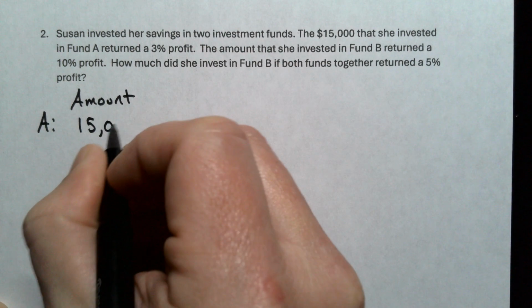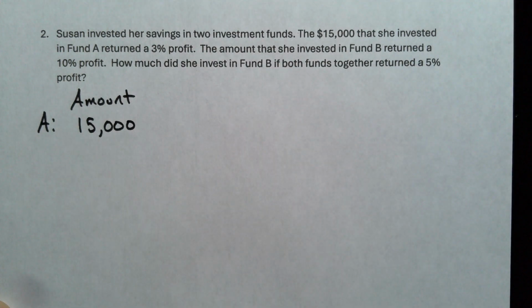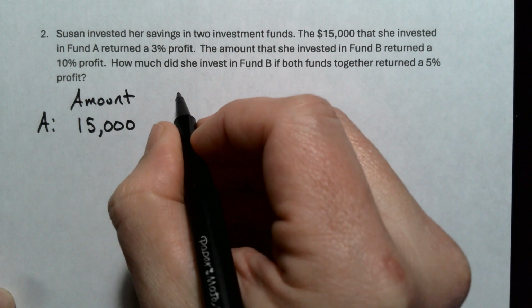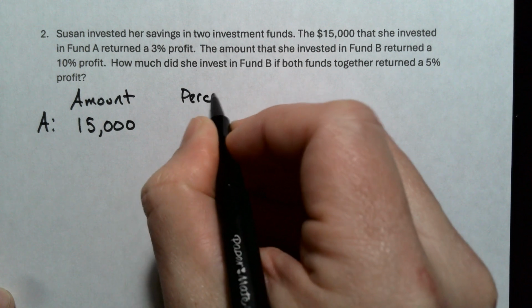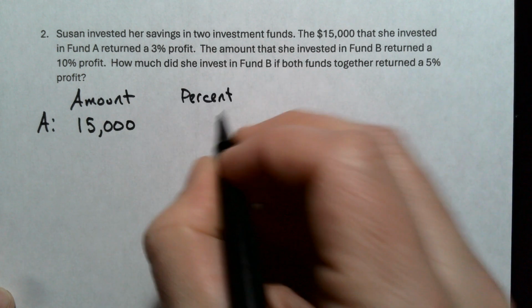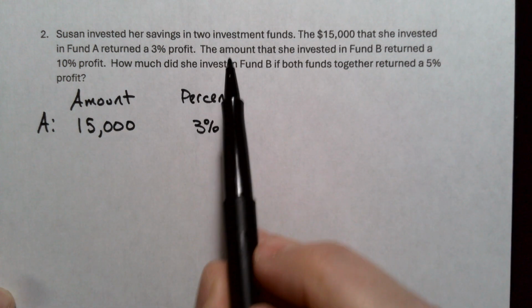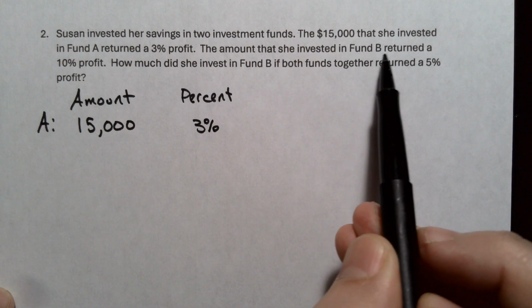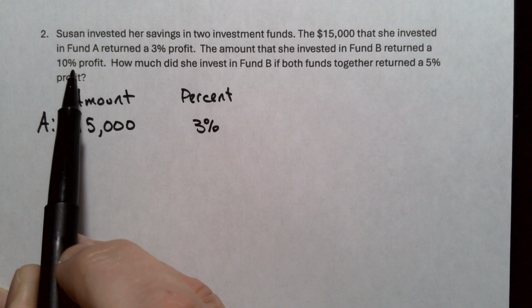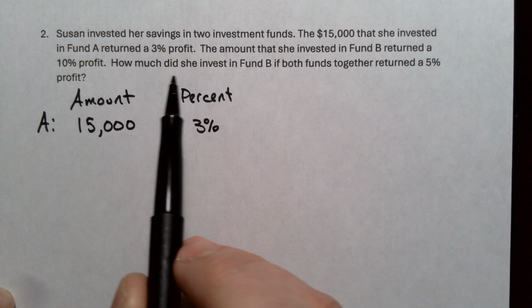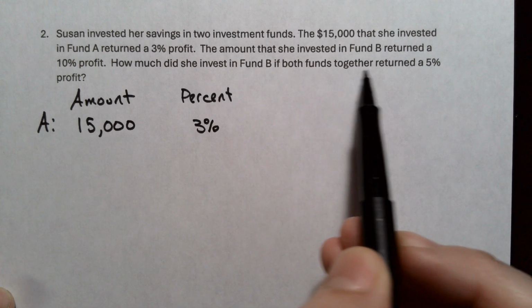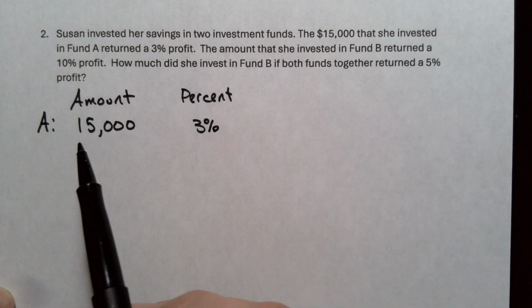We were given an actual amount this time. And the percent that we're given, which is percent profit, is 3%. The amount that she invested in Fund B returned a 10% profit. How much did she invest in Fund B if both funds together returned a 5% profit?